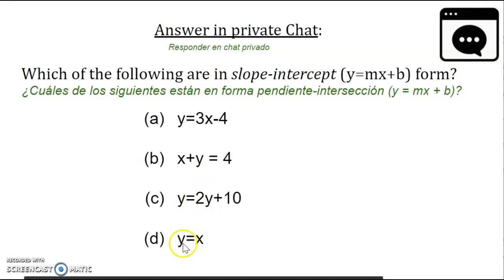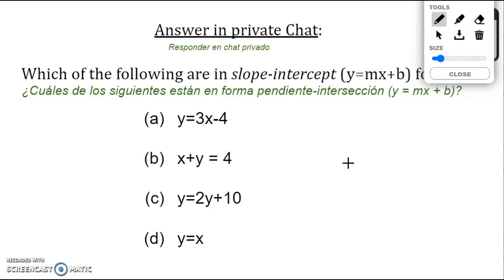Some of you might be saying no, it's not, because we're missing the constant. Well, the tricky part is we can rewrite this as y is equal to x plus 0. In this case the constant is 0, so actually this is considered to be slope-intercept form.